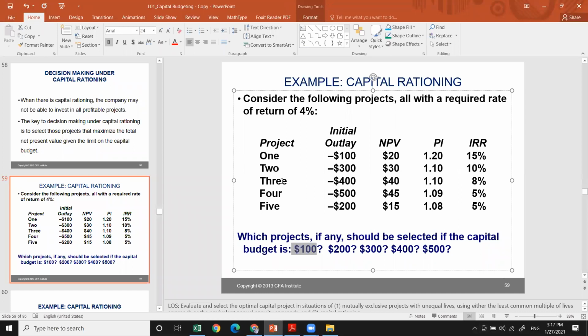Project 1, if your budget is 100 million. Project 1, 2, 3, 4. We should choose the one that has higher IRR. No, we should select the one that has the highest NPV. Then number 3. But you should pay attention to your budget. Your budget is 100 million.